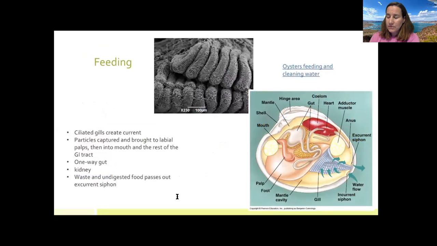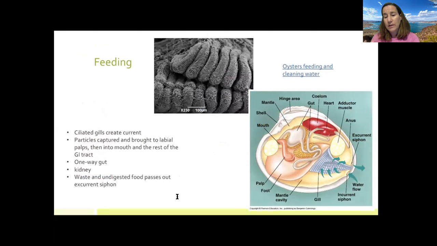How are these guys going to feed? Well, we said that they have gills that have cilia all in them, and the gills are beating to cause a current to flow the water in. And these guys are filter feeders. They are suspension feeders. They are very good at what they do, bringing in the water, grabbing it with their little mouths.